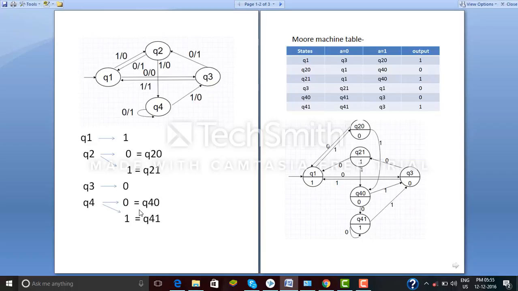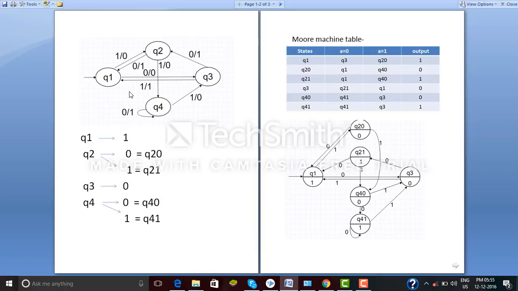Having different outputs, we consider two separate states, Q4 0 for output 0 and Q4 1 for output 1. Now it is time to create a Moore machine table with states Q1, Q2 0, Q2 1, Q3, Q4 0 and Q4 1 with outputs 1, 0, 1, 0, 0, 1 respectively.